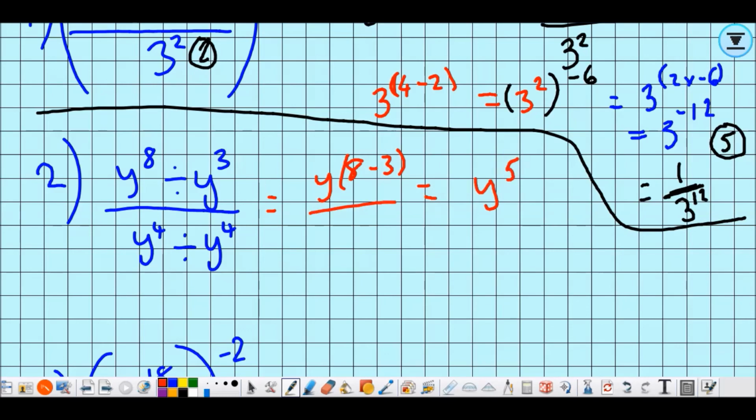Remember, it's a fraction, and y to the 4 subtract 4 gives me y to the power of 0. Now remember, very special ones when we've got to the power of 0. To the power of 0 just means 1. So that's going to be y to the power of 5, divide by 1. And if I divide anything by 1, it's itself. So my answer is y to the power of 5.